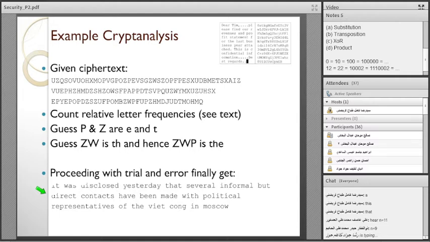Zulfaqar, I didn't understand what n equal to 9 or 11 means, because it's encrypted and we don't know the n. Rasha, we count the numbers.